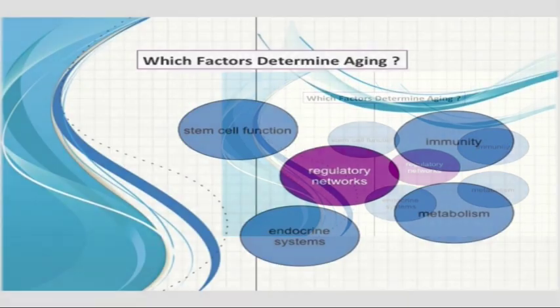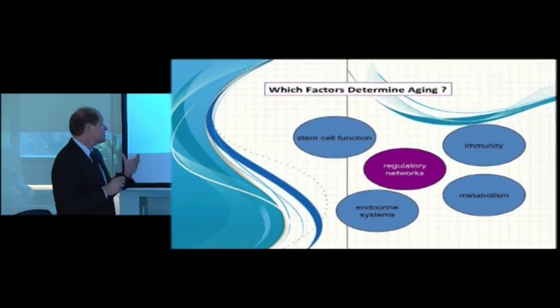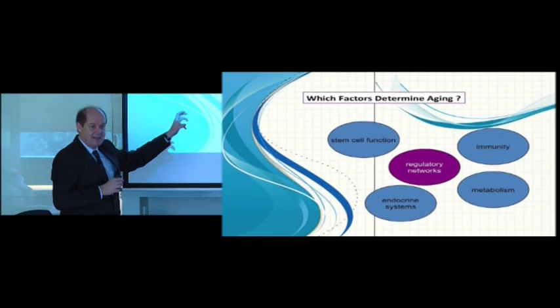But in order to have an optimal stem cell function, you also need to balance your immune system, your endocrine system, and metabolism. Because all these four components play together in our body, it's not just to look at the stem cells.